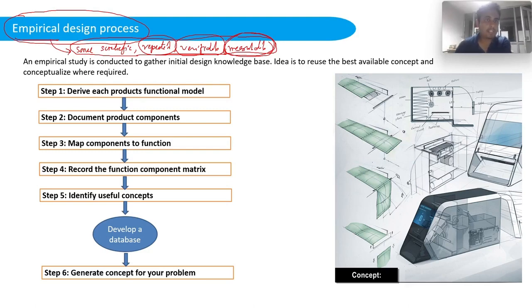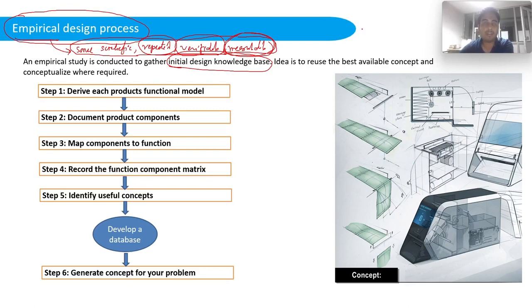So in an empirical study, we generally do this to gather some sort of initial design knowledge base, because many times we may not have information about the detailed functionality requirements or the component requirements for a particular design.